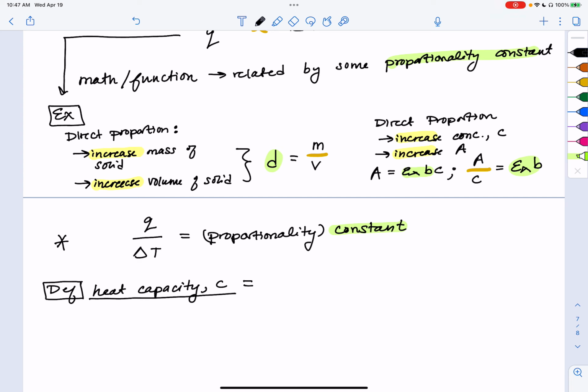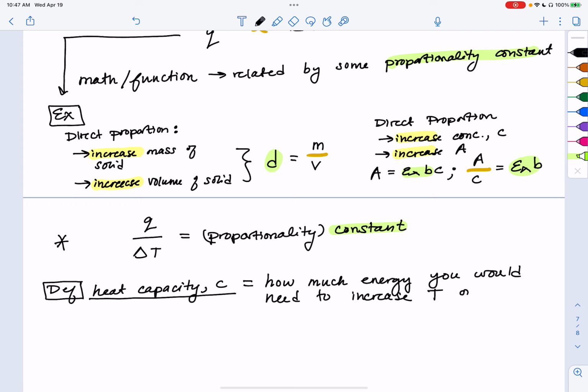And this is a measure of how much energy you would need to increase the temperature of a material by 1.0 degrees centigrade.